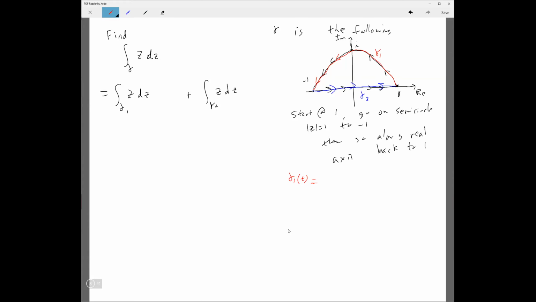This is a semicircle, right? This is a semicircle. And what's the center? 0. 0. What's the radius? 1.